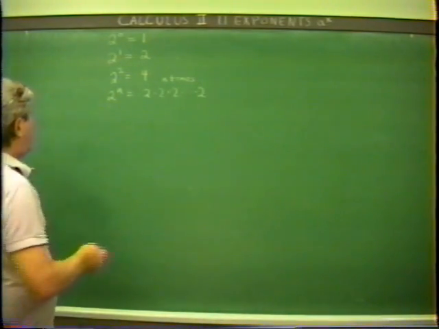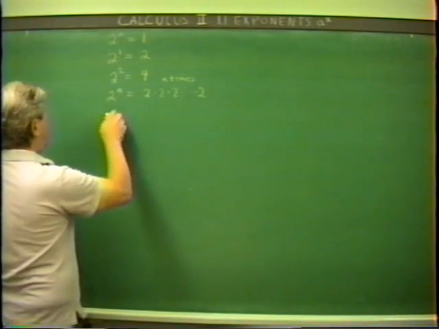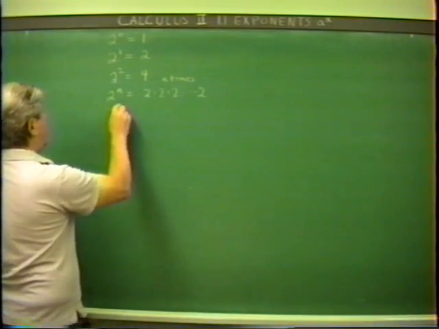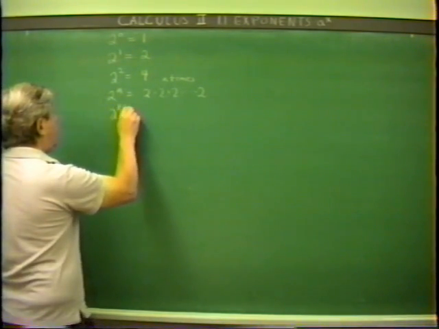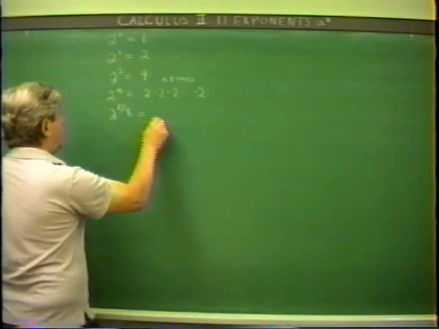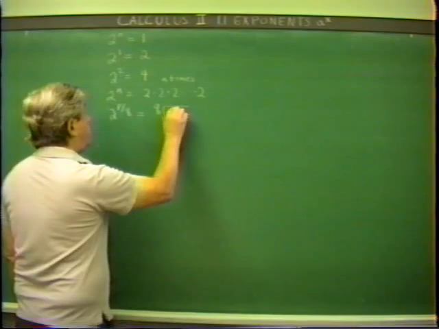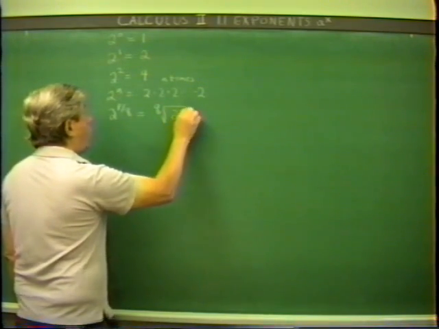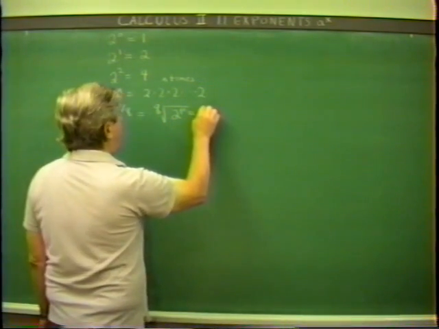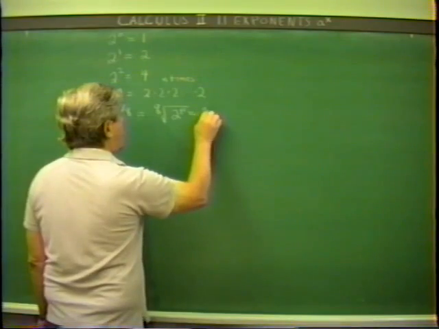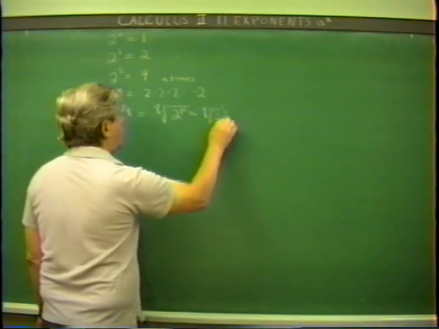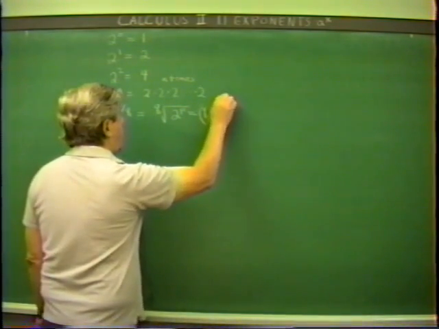One can then go on to define 2 to any rational number power, to the p over q power, to be the qth root of 2 to the p. Or, what's the same thing, the qth root of 2 to the pth power.